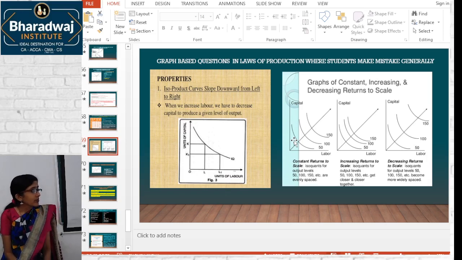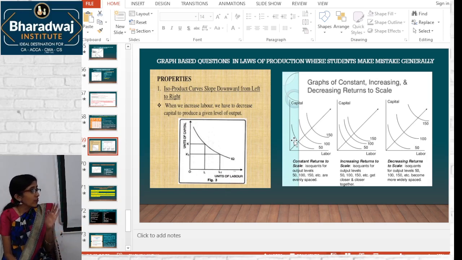Second one. True or false? Laws of production examine the impact on output as a result of changes in the factor proportions.